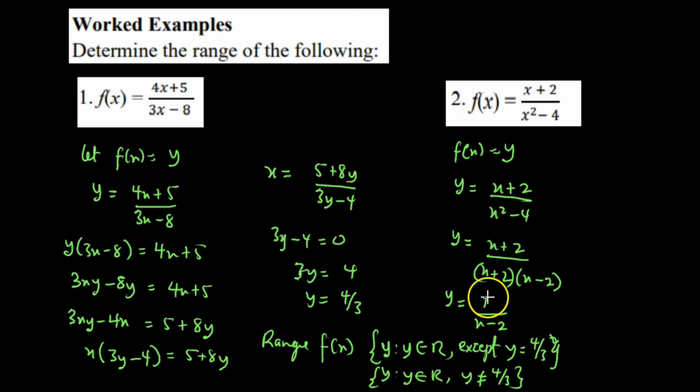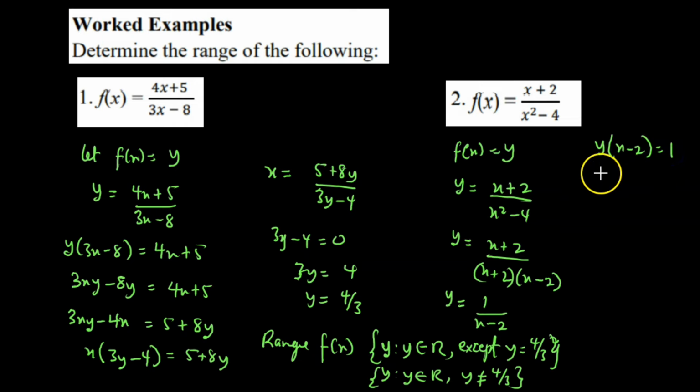Now that we've been able to simplify the function f of x, we can go ahead and make x the subject. Having y multiplying x minus 2 must be equal to 1.